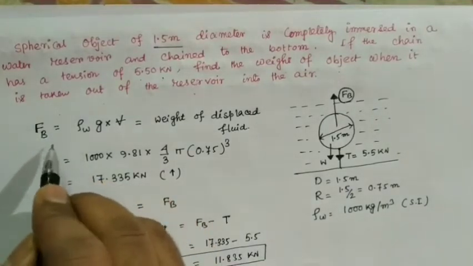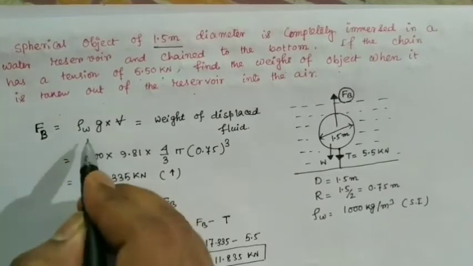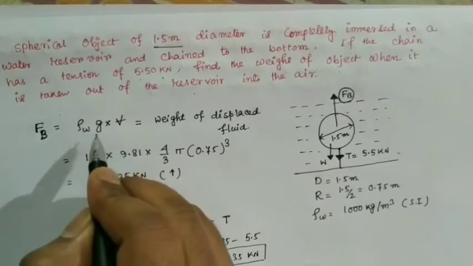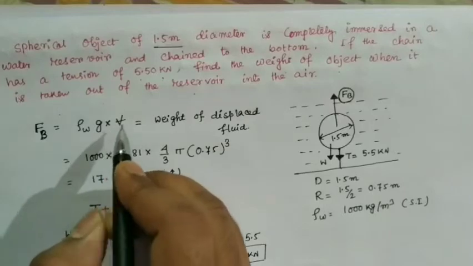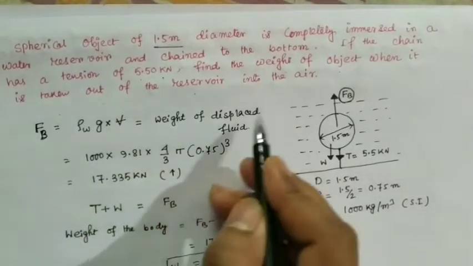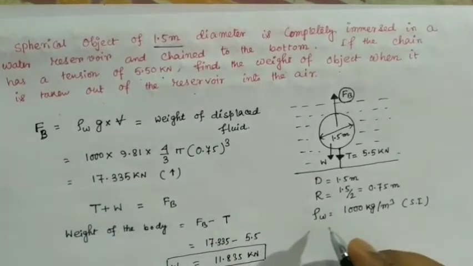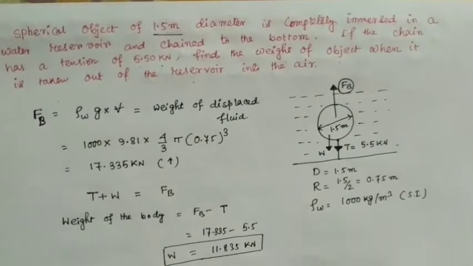And I have also proved the value of the buoyancy force. It is nothing but rho W into g into the displaced volume. It is the weight of the displaced fluid. Then what is the value of rho W? Rho W is the density of water.